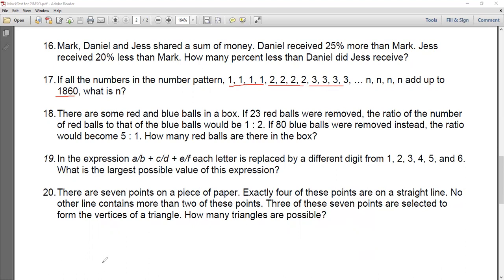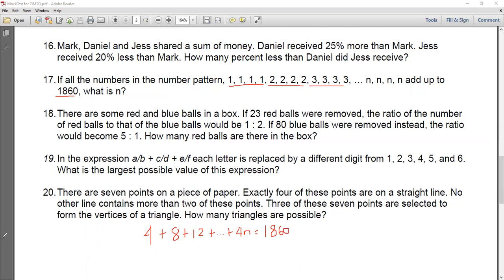So in that case, we can say that this will be 4 plus 8 plus 12 plus 4n, and this is equivalent to 1,860. Correct?